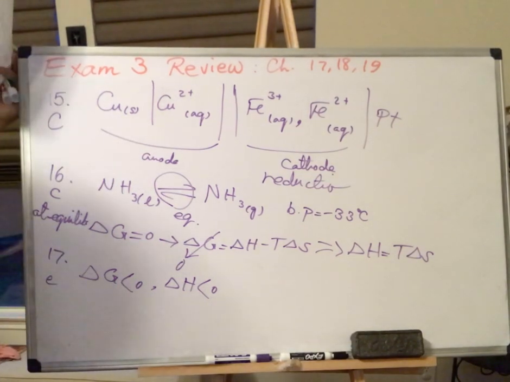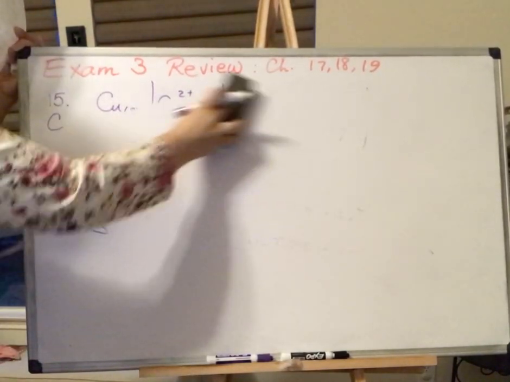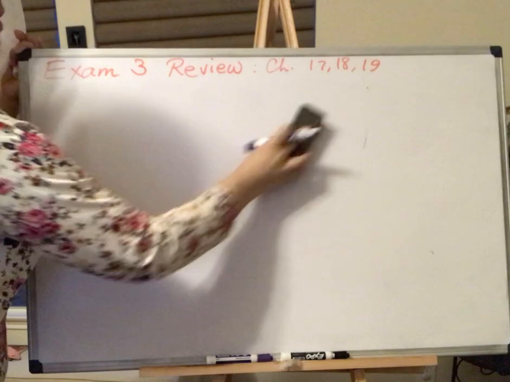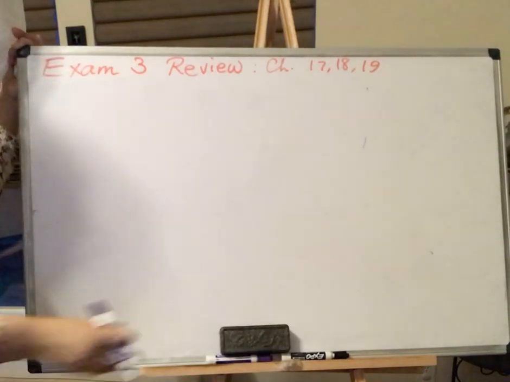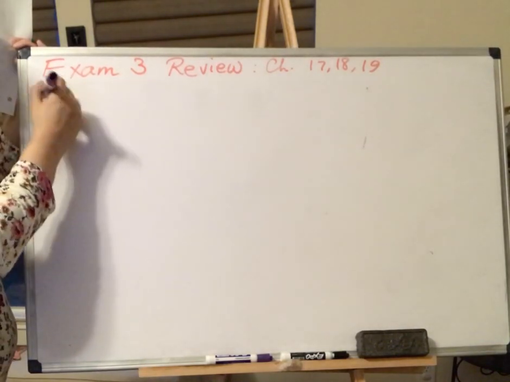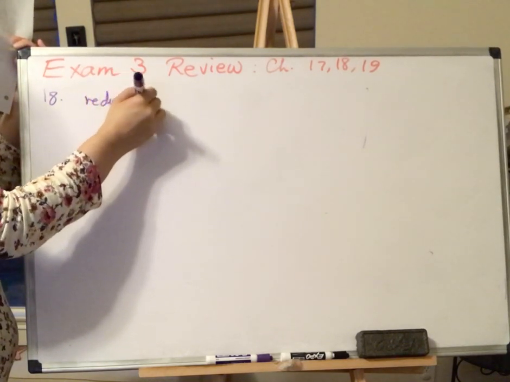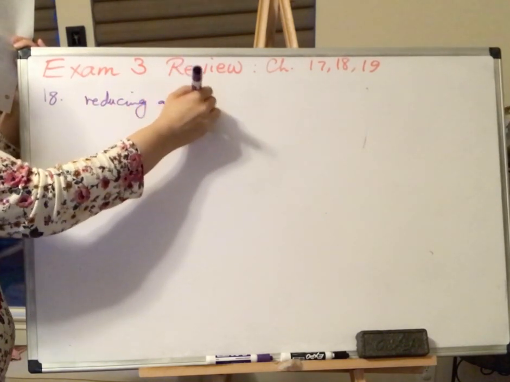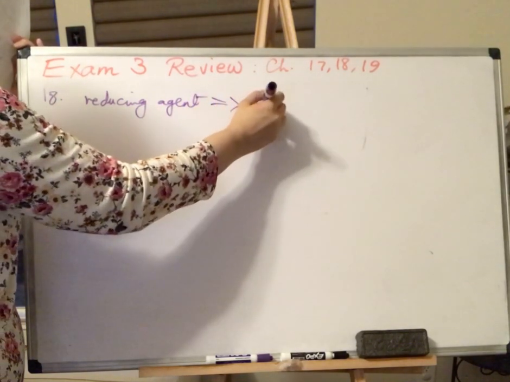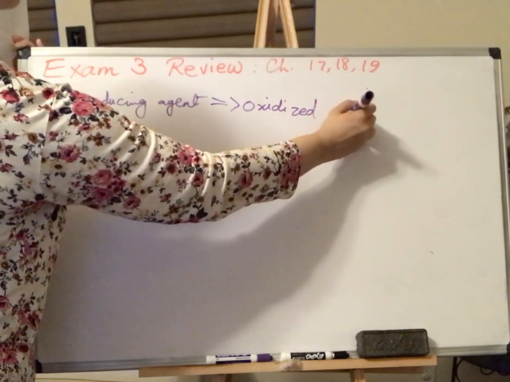Question number 18 has given us two reactions and two electrode potentials. Which of the following species is the strongest reducing agent? We are looking for a reducing agent. When we have a reducing agent, the element is oxidized itself.